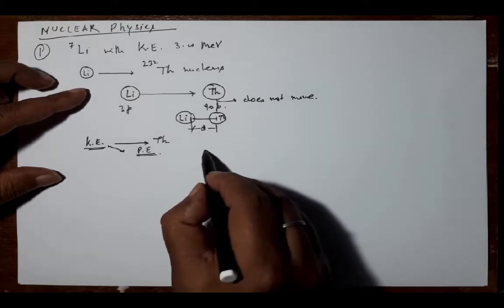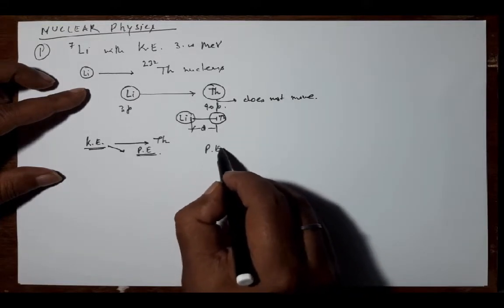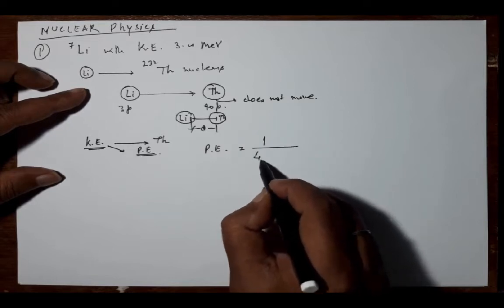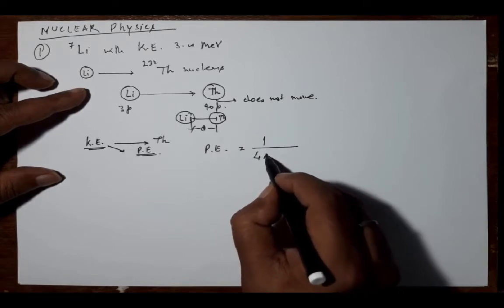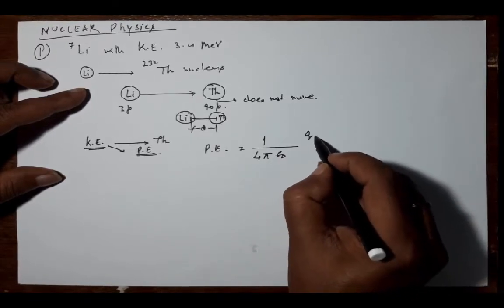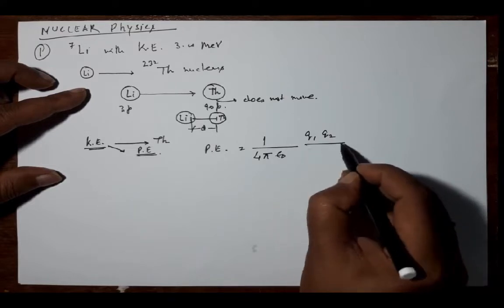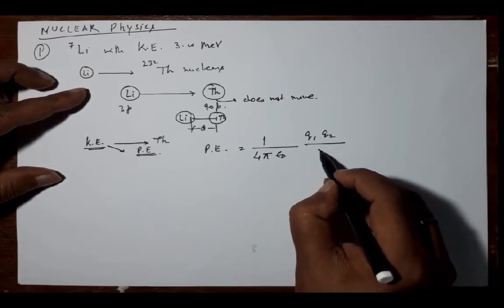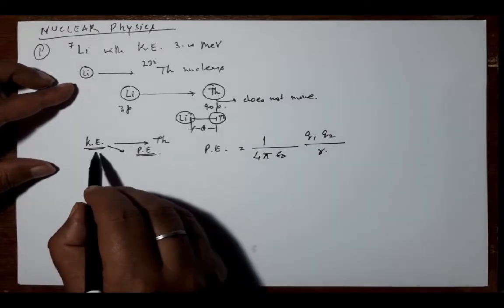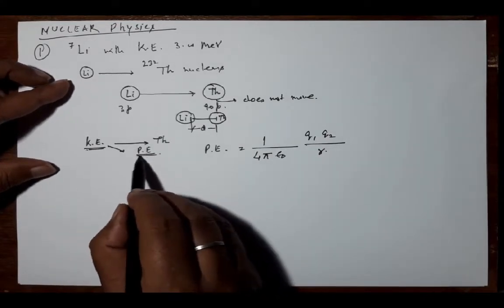What is the potential energy? Between two charges that you already know, 1 by 4 pi epsilon 0 Q1 Q2 upon R.